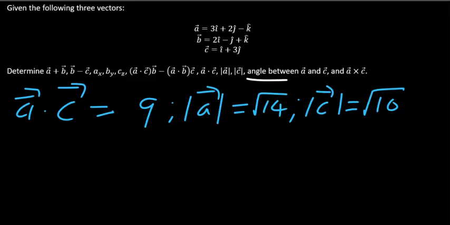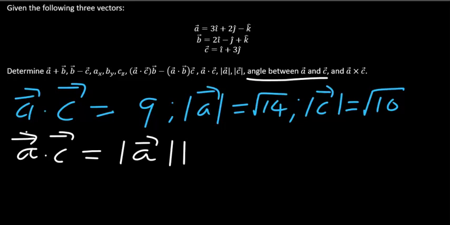Now let's look at how to calculate the angle between vector A and vector C. We can calculate this angle by using the definition of the dot product. The dot product between vector A and vector C is equivalent to the magnitude of vector A times the magnitude of vector C times cosine of the angle between them.